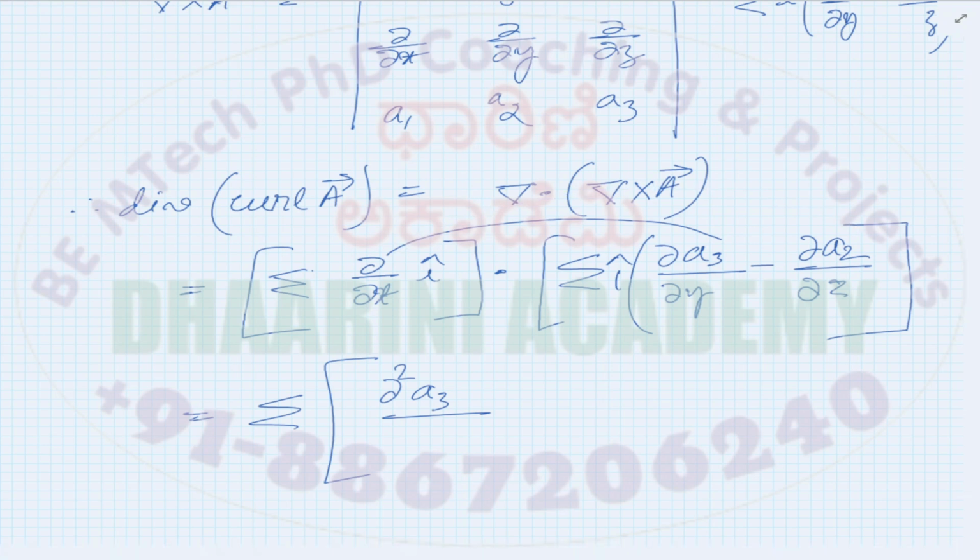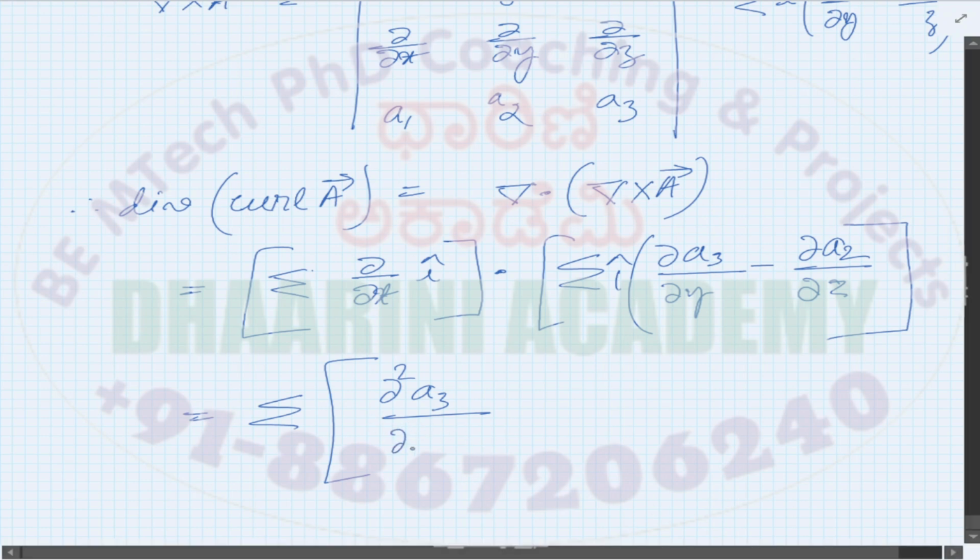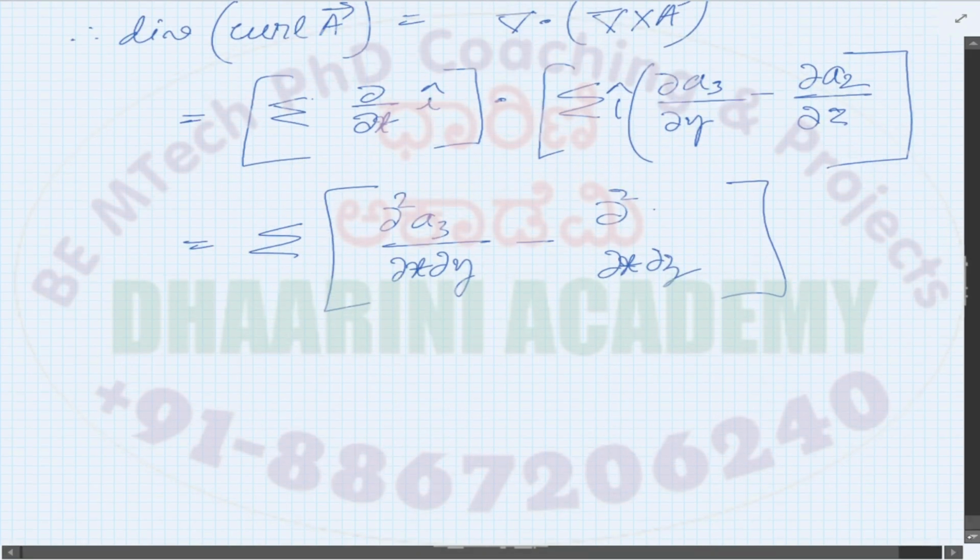So for both terms we need to multiply. That is ∂²A3/∂x∂y minus ∂²A2/∂x∂z. So this is my term. All right, so the i is gone. I don't have to write i because i dot i is 1.